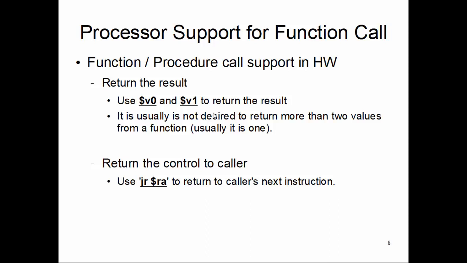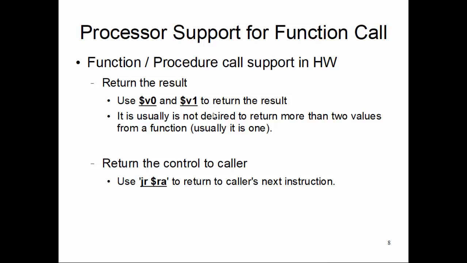And then return control to the caller. So you are calling from an instruction placed at, as in that example, memory location 1000. After you are done with the function, from inside that function you need to transfer the control of the program to location 1004. Remember, when we call a JL to our function, 1004 is stored in $ra.